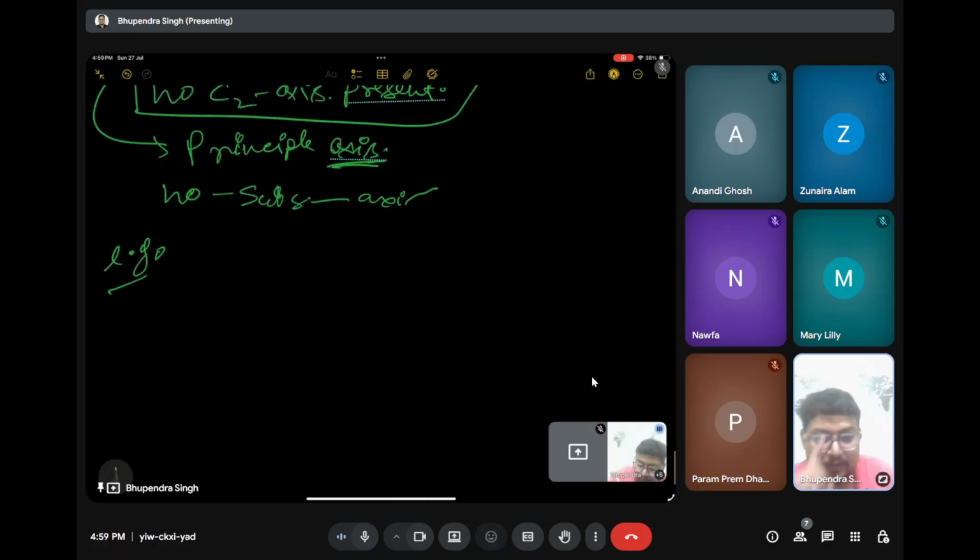Now I am giving you one trick to find out the number of operations without rotating the molecule: if you determine only the principal axis of the molecule, you can easily determine how many operations, or similar operations, there are, even without visualizing the molecule. But first you have to determine the principal axis. So let's say PtCl4.